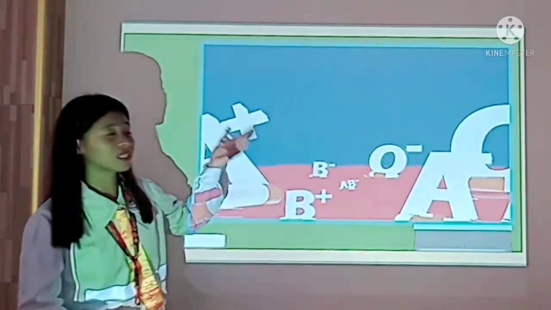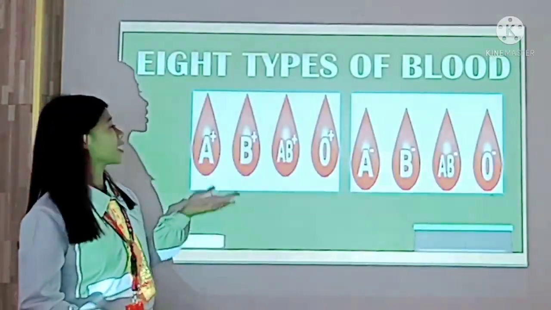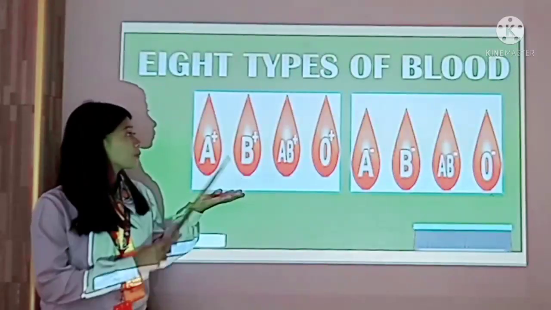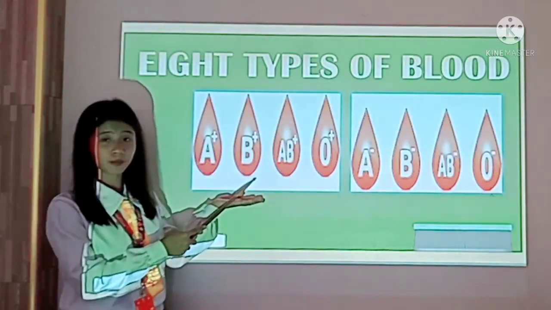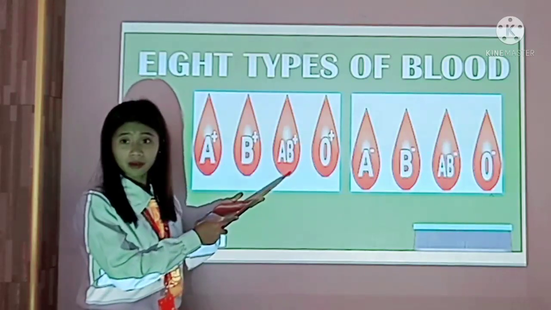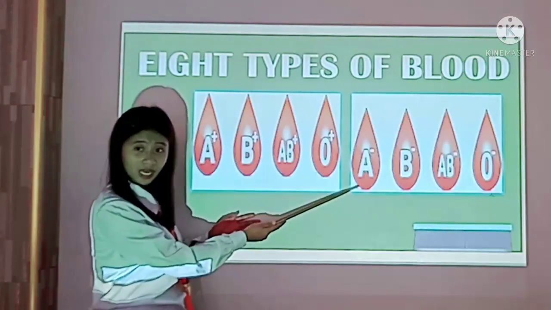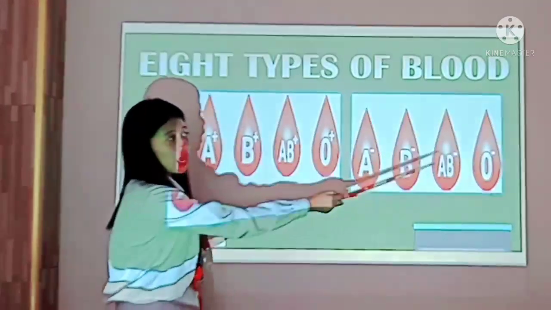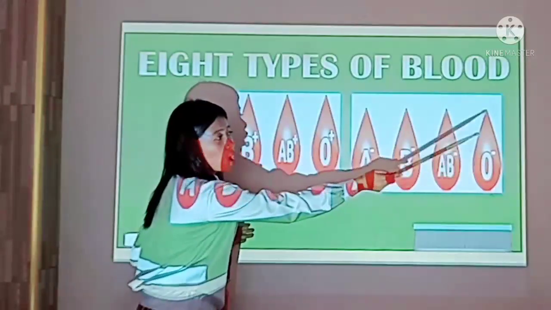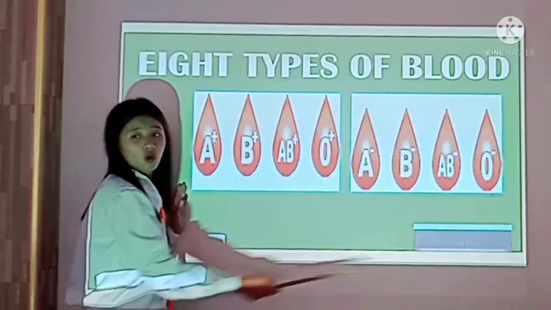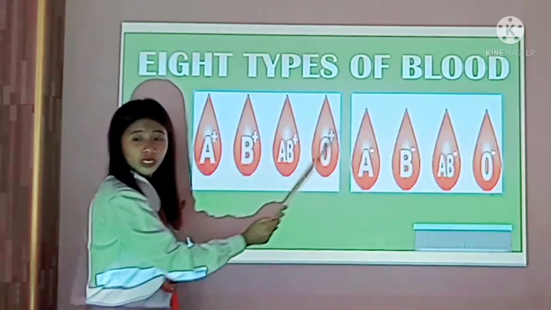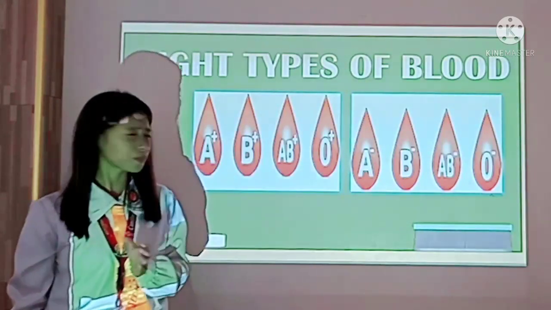And yes, actually, we have 8 types of blood, wherein A plus, B plus, AB positive, or O positive, at the same time A negative, B negative, AB negative, and O negative. These are our different types of blood.